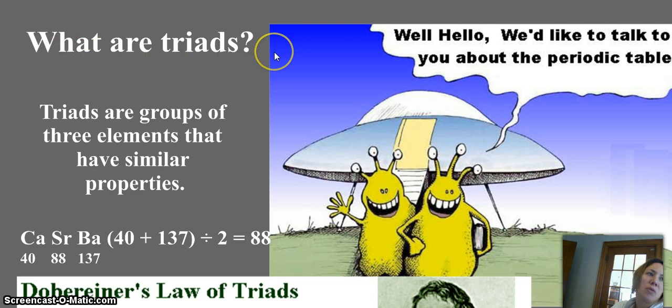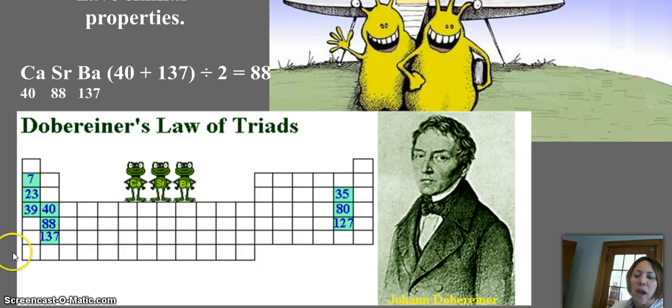Originally, the elements were grouped together in groups of three elements that had similar chemical properties, and those were called triads. That was Dobereiner's law of triads, where it basically said that the missing element's properties were an average of the other two.